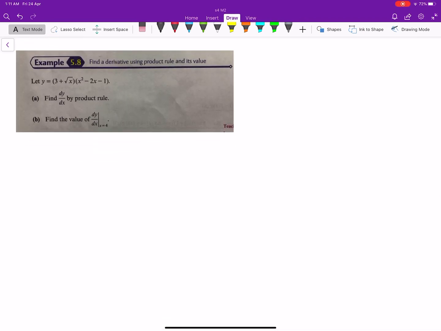Here it's the same. You use product rule to find the answer, but in fact you can also just expand it as usual, and then use the basic rule to find the answer. So here part A, dy/dx, simply like you have these two products, and then we do the same.